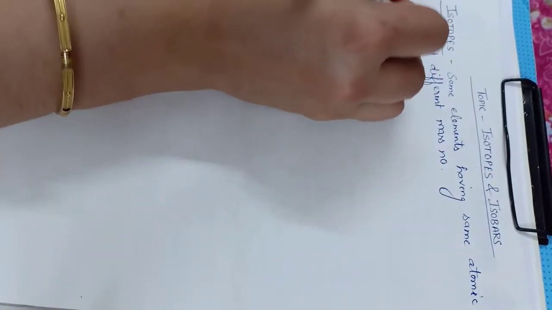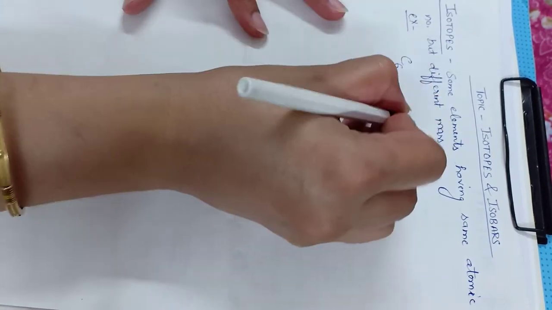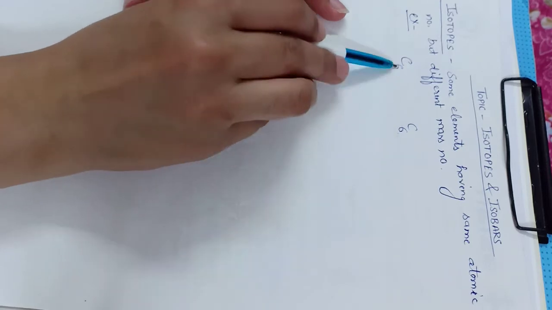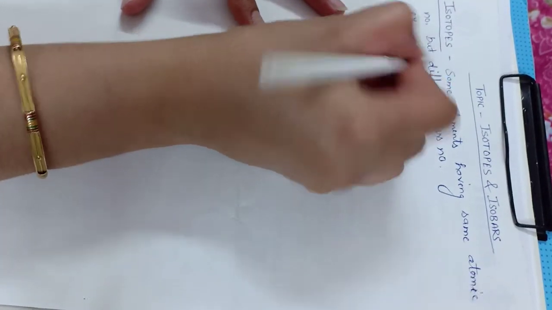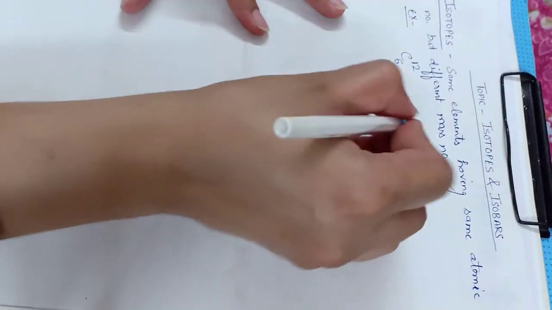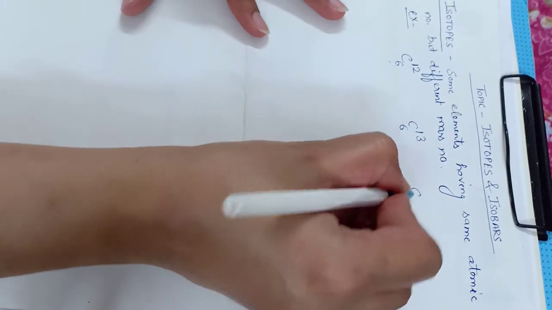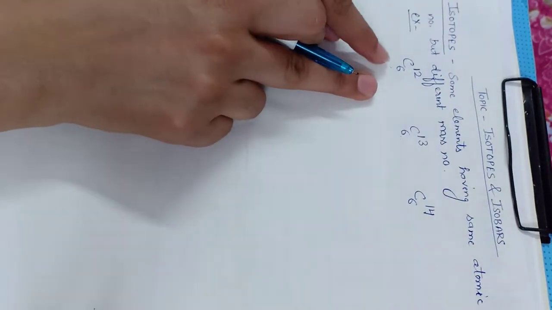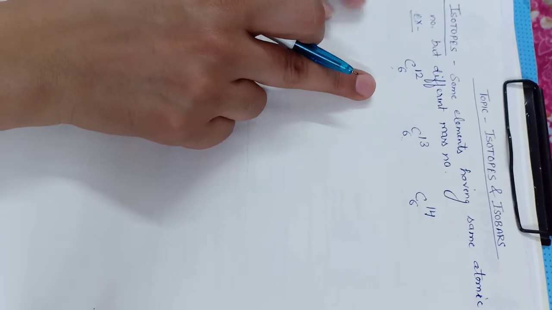For example, carbon has atomic number 6. Atomic number is written in the subscript. Atomic number 6, and there are some atoms with mass number 12, some atoms of carbon with mass number 13 and some with mass number 14. So these atoms of carbon having mass number 12, 13 and 14 are the isotopes of carbon.